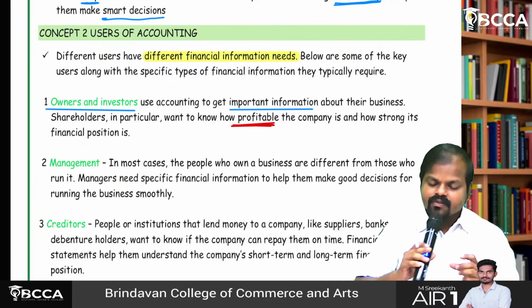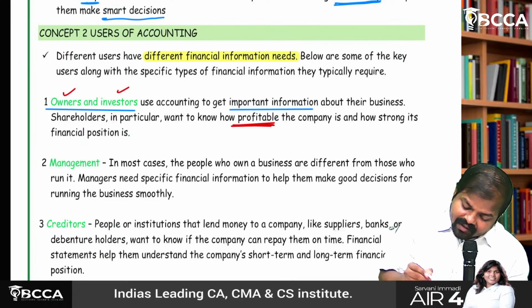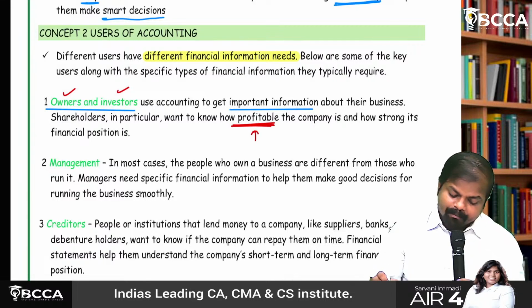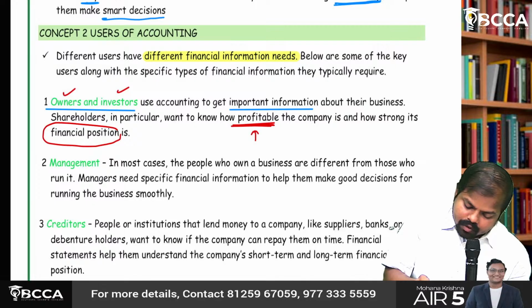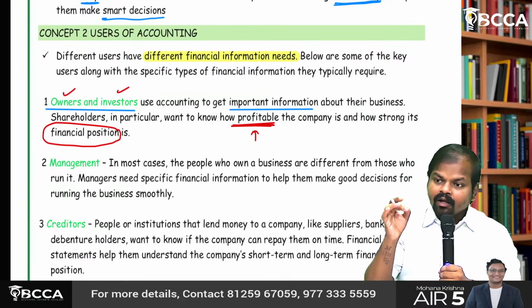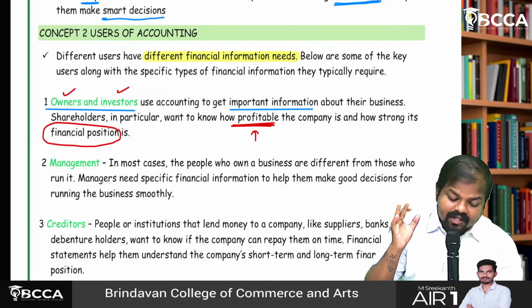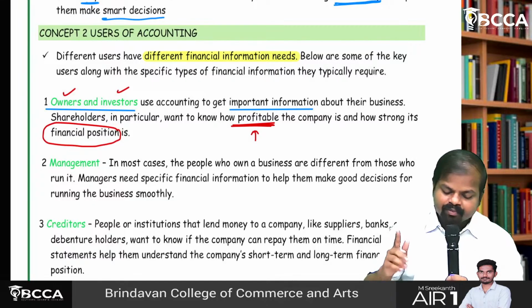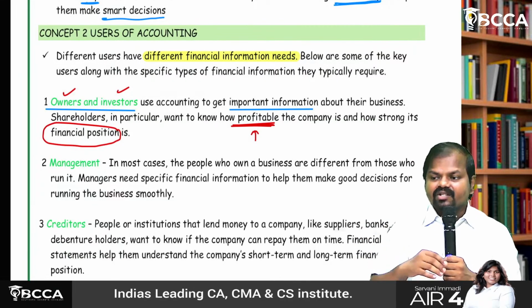So, listen carefully. Owners or investors, they are interested in what? Profitability, and how strong the financial position is. Now tell me, my dear friend, users of accounting. First one, owners or investors.